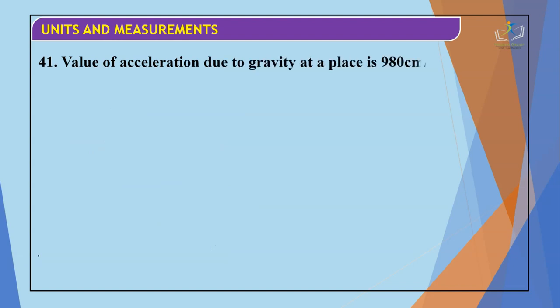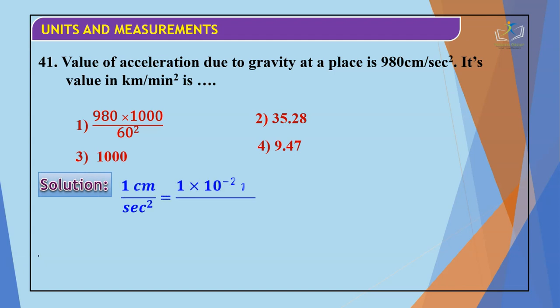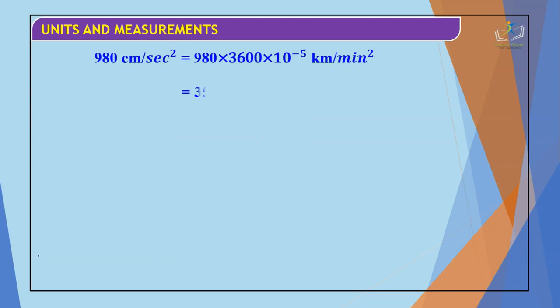Next question which we have, the value of acceleration due to gravity at a place is 980 centimeter per second square. Its value in kilometer per minute square is? Now see the solution part. 1 centimeter per second square equals 60 into 60, 10 to the power minus 5, so that will be kilometer per minute square, 3600 into 10 to the power minus 5.